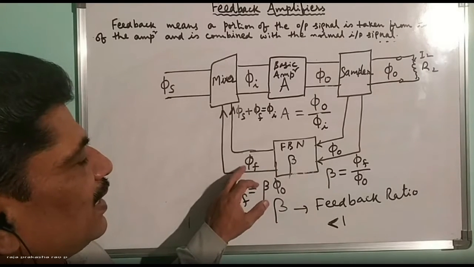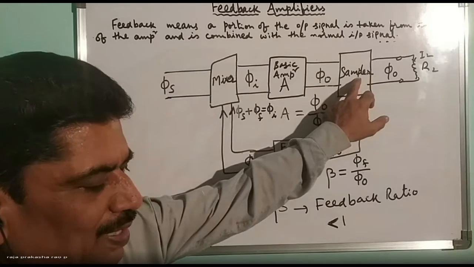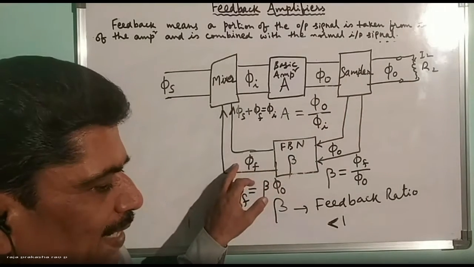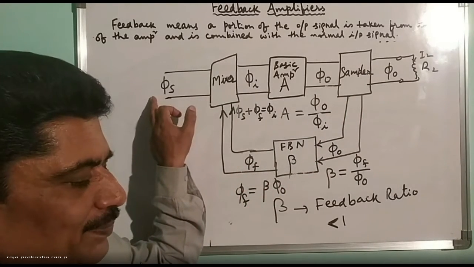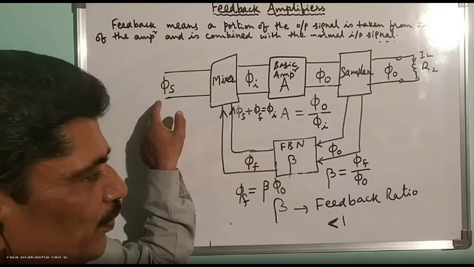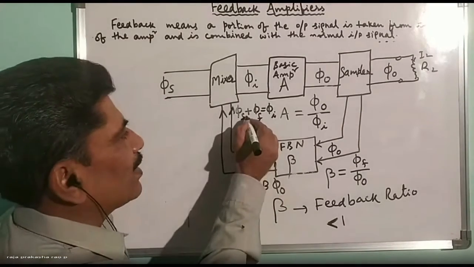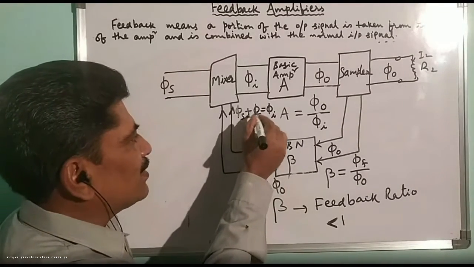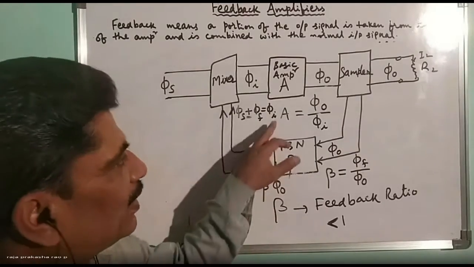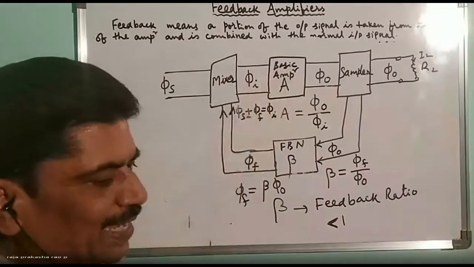It is nothing but a small portion of Vo. I think you follow now. This small portion has to be added to the input signal. For positive feedback, this will be added to this. For negative feedback, this will be subtracted from this. So we can use plus or minus. Vs plus or minus Vf will be equal to Vi. That is nothing but the input signal to the basic amplifier.